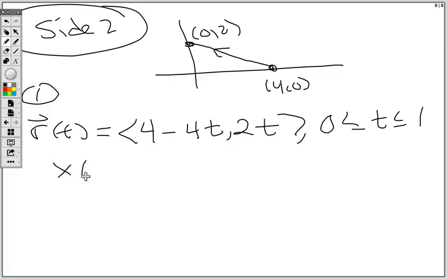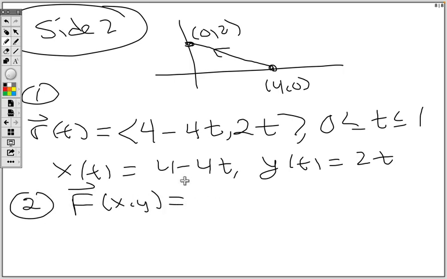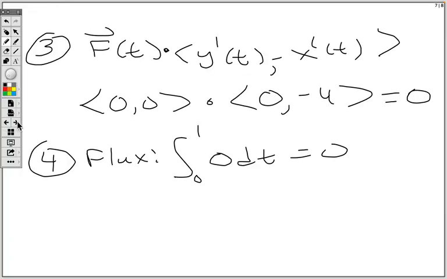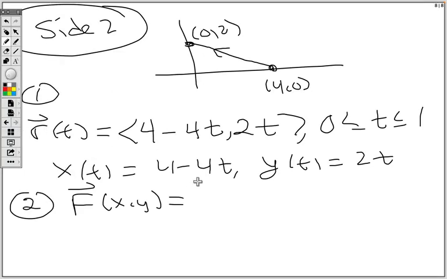So that gives us that x of t is 4 minus 4t. Our y of t is 2t. And now we've got to get our field, F of (x, y), which is (2y, xy).